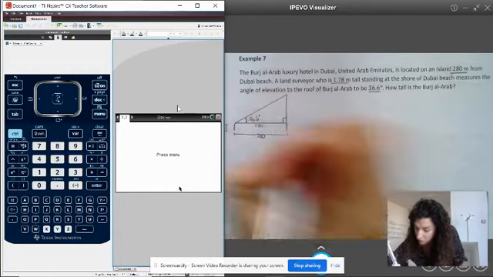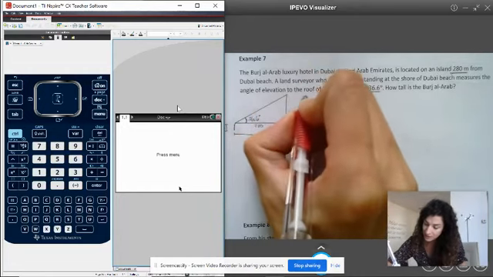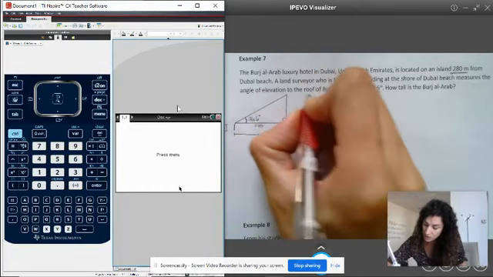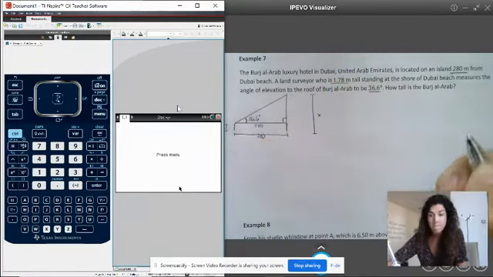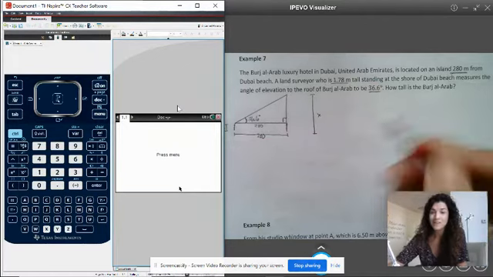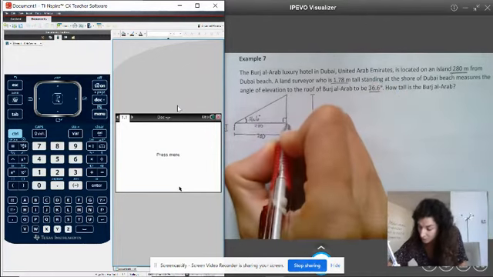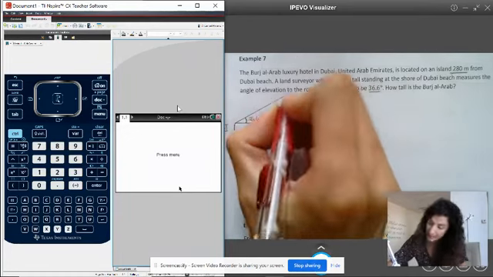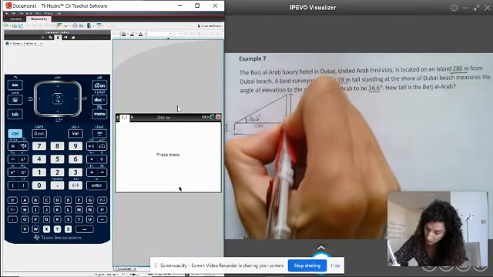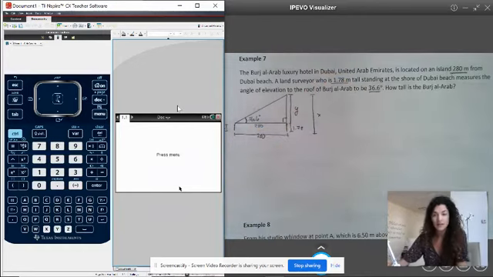So I know that that is 280. Now the thing here is that I want to solve for the height, the total height. But your land surveyor is 1.78 meters tall. This is 1.78. And your right triangle is going to give you this distance.